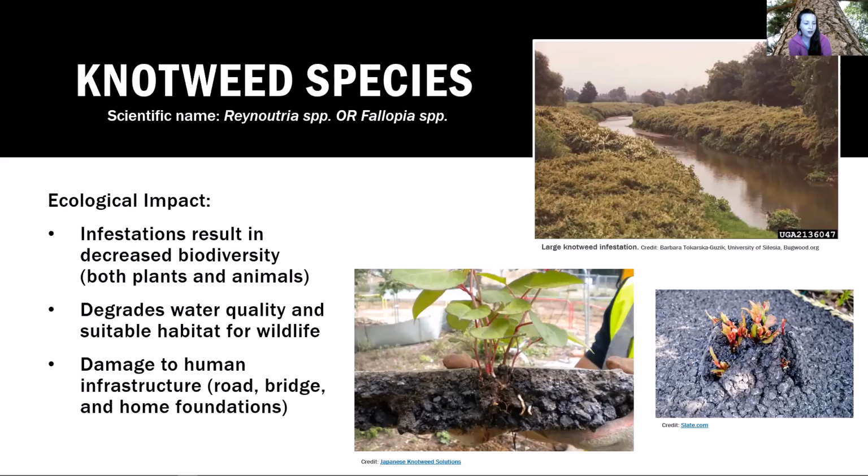It actually can go through and up into pavement, believe it or not. And so there have been a lot of news articles and other information online talking about the damage that knotweed can do to human infrastructure, such as roads, bridges, and home foundations. So if this is near your home, be aware of that, because this is something that can definitely cause some trouble, unfortunately.